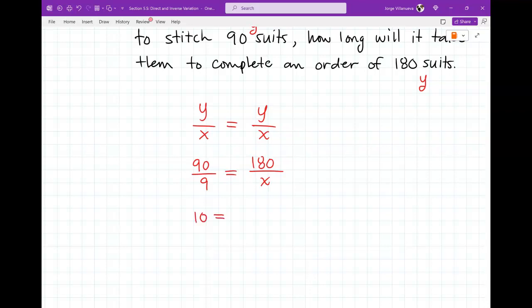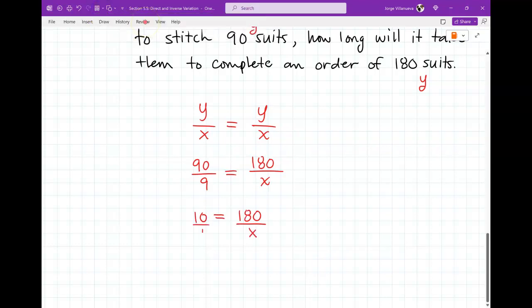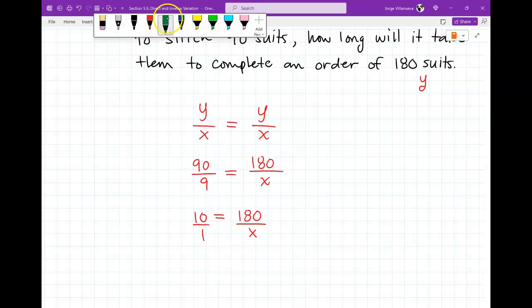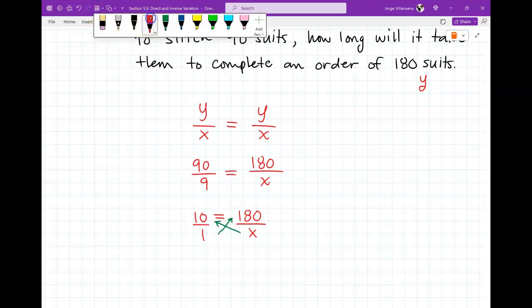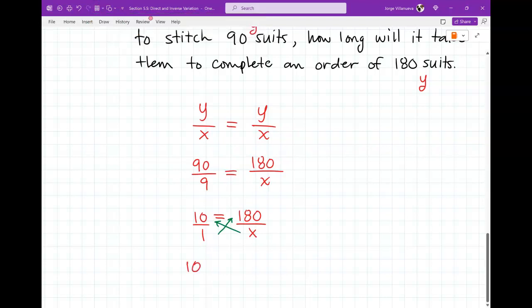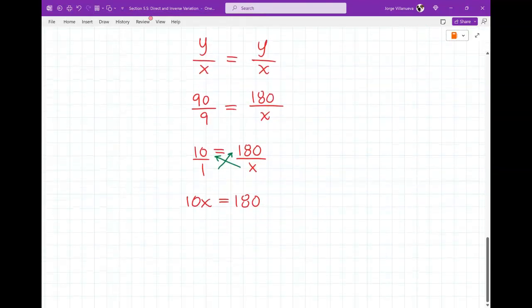This is 10 equal to 180 over x. All I'm going to do is cross multiply. So that gives me 10x equal to 180. And if I divide both sides by 10, I get exactly what was stated earlier, 18 days.